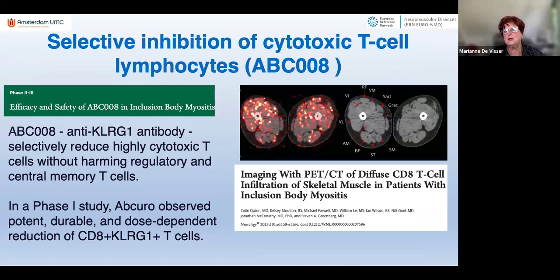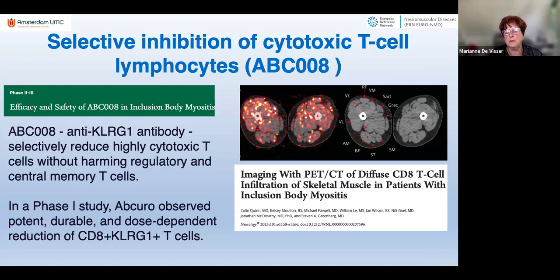Selective inhibition of cytotoxic T cell lymphocytes is the goal, and these cells are severely, selectively reduced by ABC008, an anti-KLRG1 antibody, without harming the other T cells.